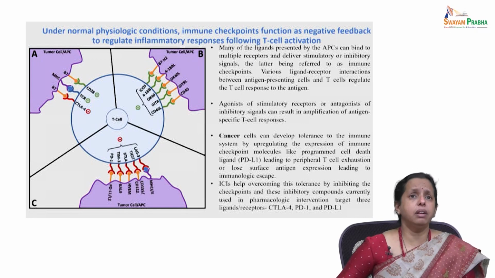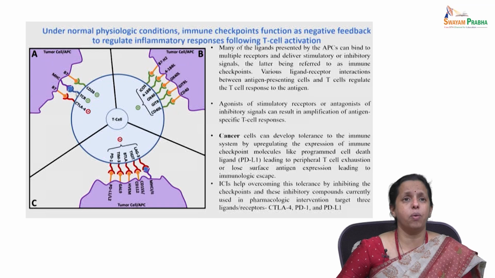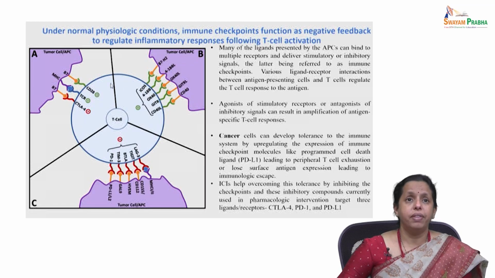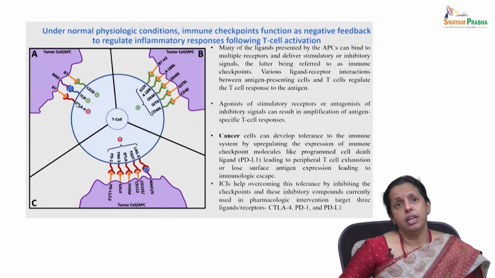Now, coming to how exactly your T cell and your antigen presenting cell interact. You have very fantastic receptors, and many of these ligands represented by your antigen presenting cells can bind to multiple receptors, and they deliver stimulatory or inhibitory signals.